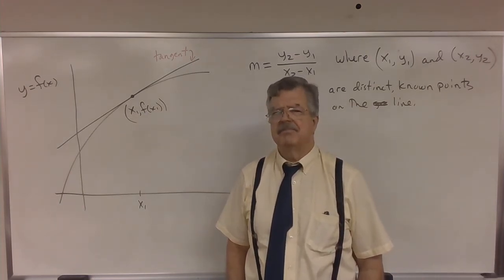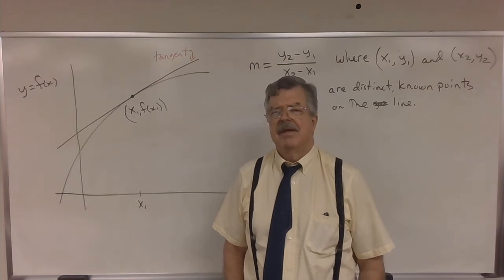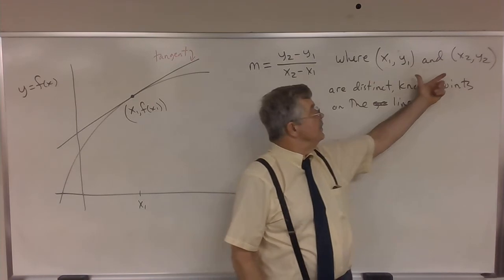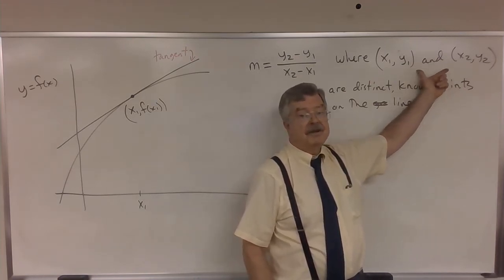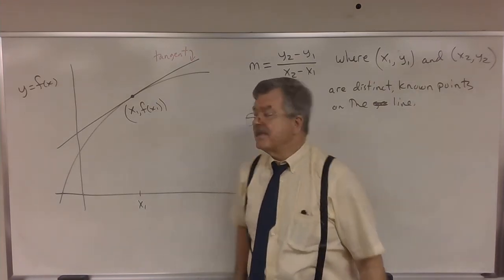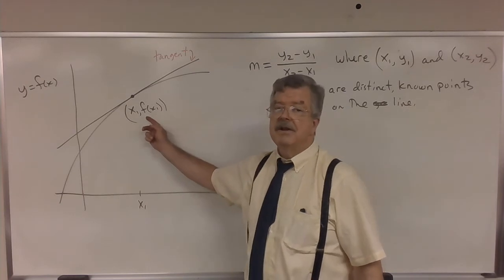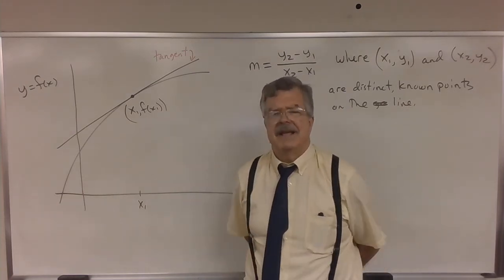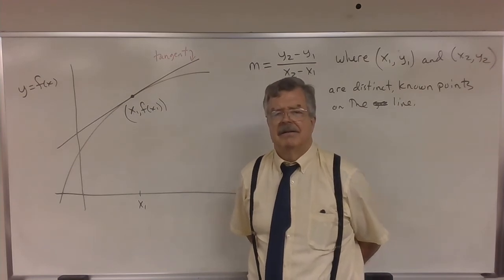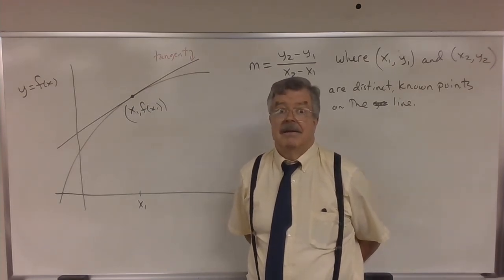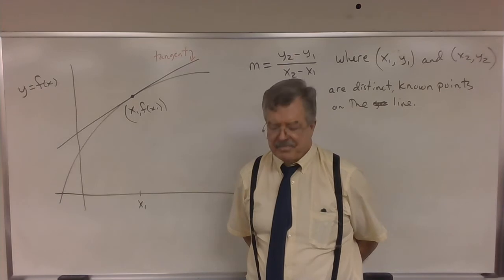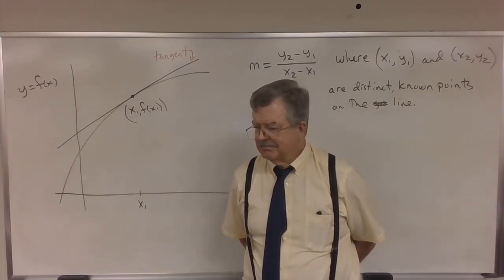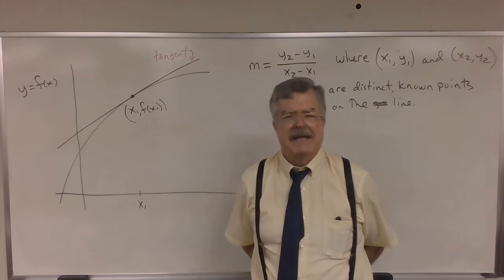That's a problem. In order to compute the slope of a line, we need to know two distinct points on the line, and we only know one. We only know one point on this tangent line. Okay. Well, let's go to plan B.